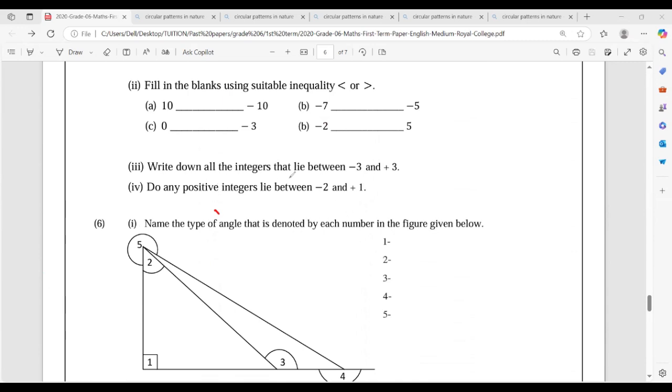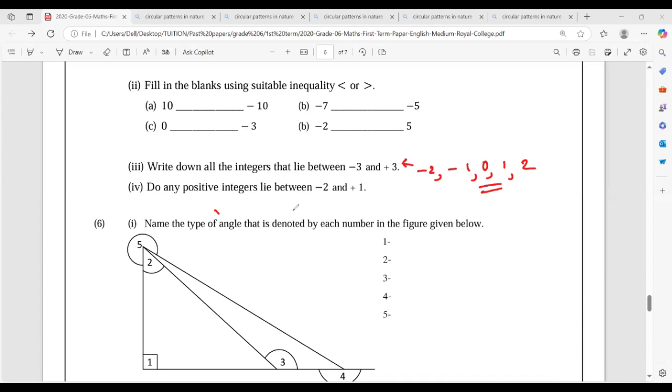We write down all the integers that lie between -3 and +3. Actually, since it is between, you cannot take these two integers. Therefore, you start with -2, -1, 0, 1. These are all the integers between -3 and 3. Do any positive integers lie between -2 and +1?